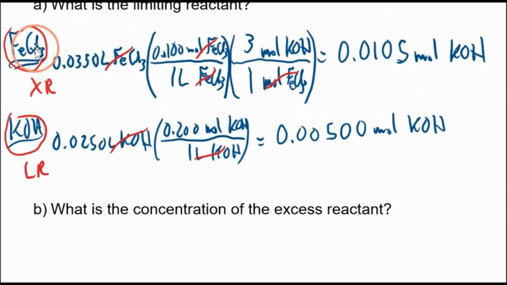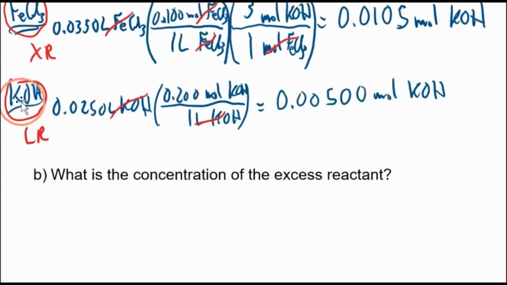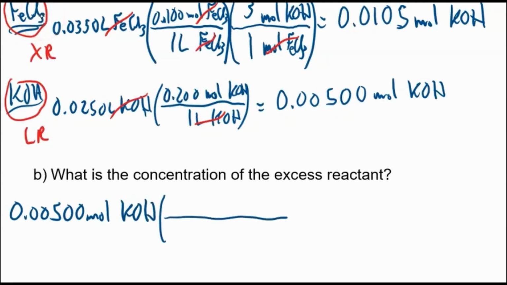So we want to know how much of this reacted. Well, we need to know how many moles of FeCl3 reacted with the KOH. So since we know this KOH reacted fully, or we assume we do, theoretically, we'll start off with that. So we have 0.00500 moles of KOH, and we want to know how many moles of FeCl3 we need.